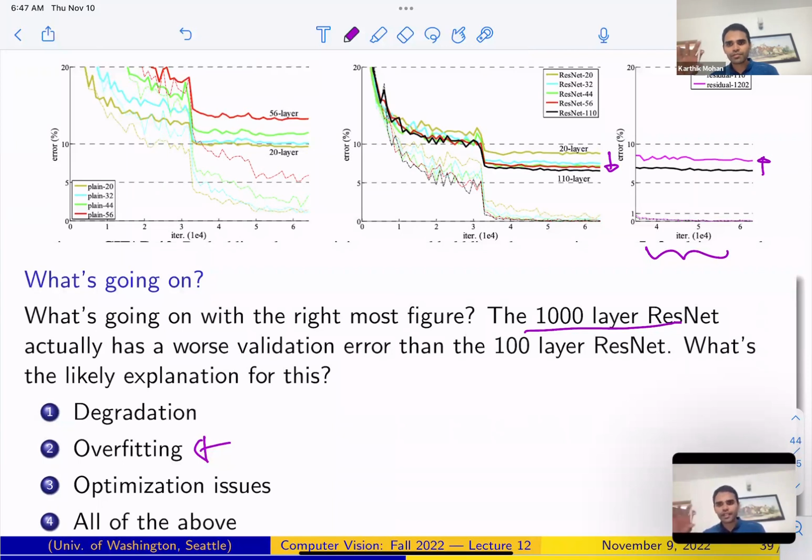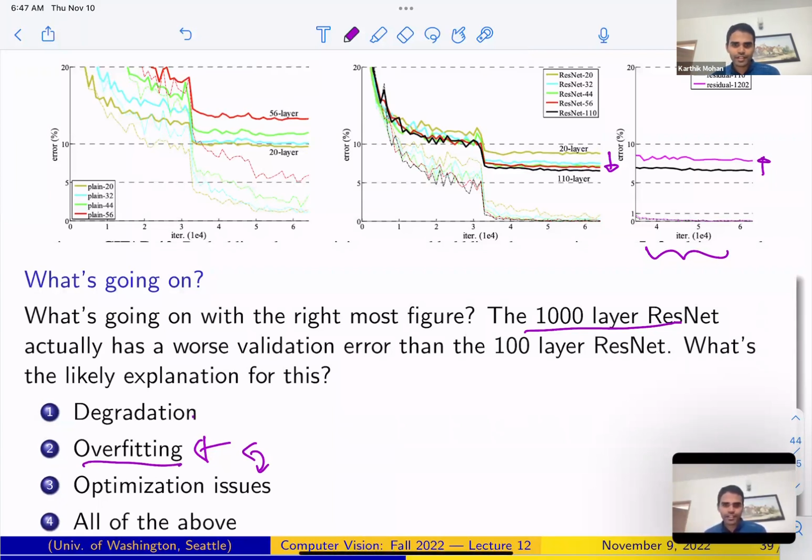So this is a case where your validation error is actually growing as your model becomes more complex. That indicates that you're starting to overfit. And obviously overfitting is also connected to optimization, but it's more of overfitting than degradation.